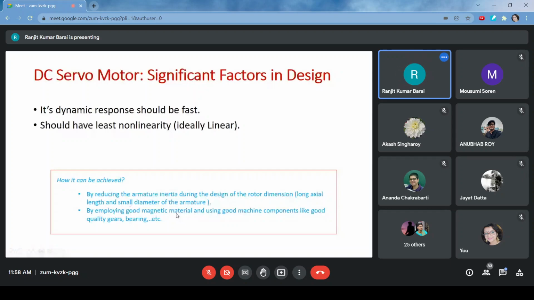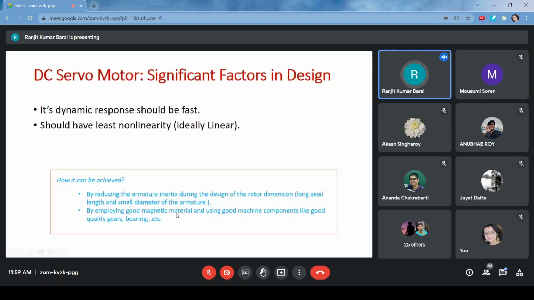Otherwise, you can take good quality magnetic material, which allows quite a large flux density in the linear region. And from the mechanical perspective, you should use good quality bearings so that they do not introduce non-linearities, because you know that ordinary gears should not.